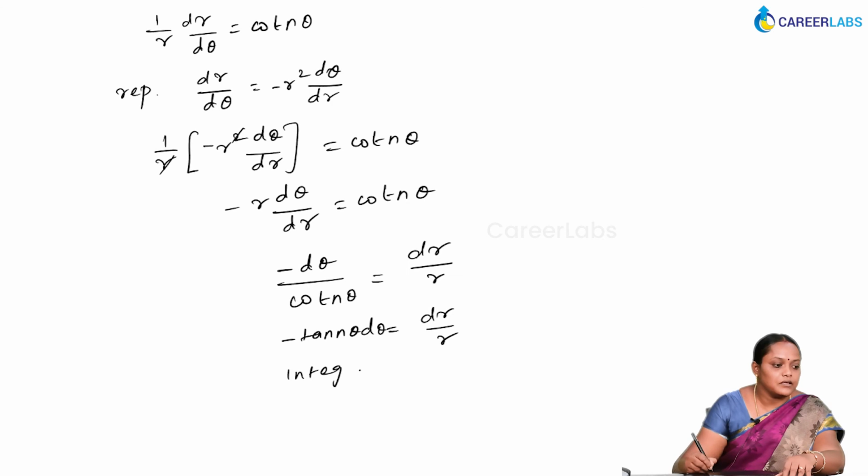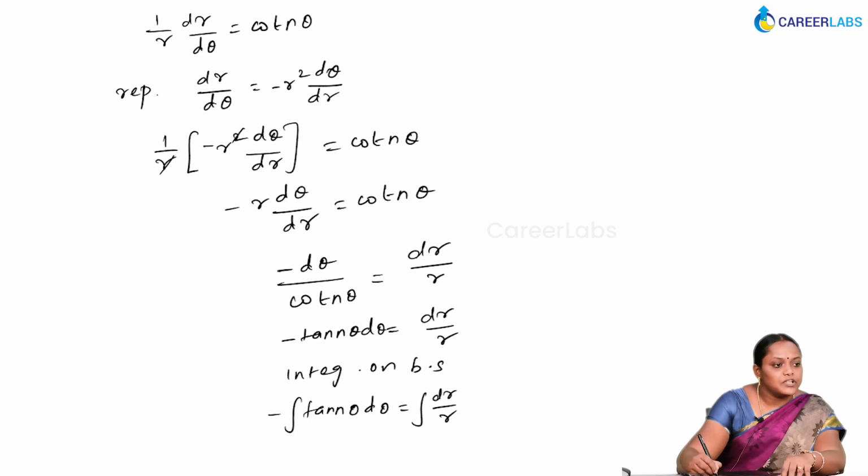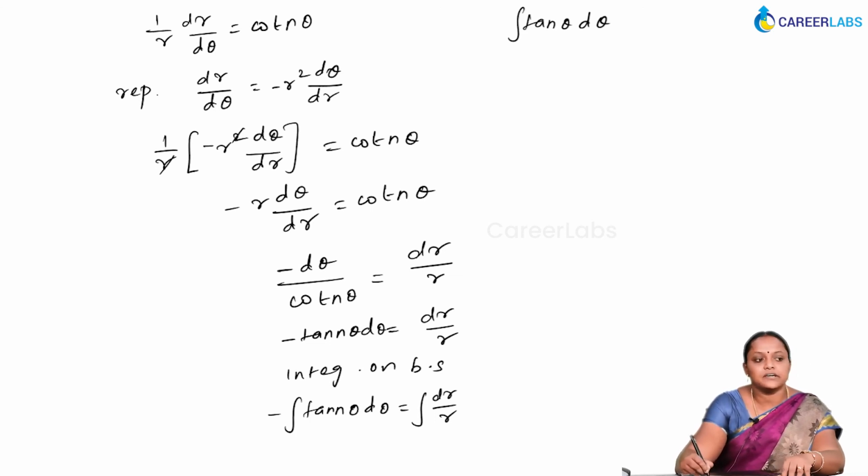So integrating on both sides, we get minus integral tan n theta d theta equal to integral dr by r. But before that, what is integral tan theta d theta? How do you integrate this? Tan can be written as sin theta by cos theta. Okay. So the differentiation of cos theta is minus sin theta.